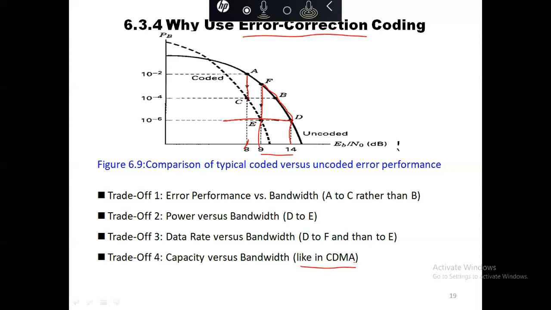Usually in digital systems, we are exploiting the frequency and time diversity, and in CDMA, we are exploiting the diversity of the orthogonal sequence. So these orthogonal sequences are recovered due to the orthogonal nature of the sequence selected for each user.